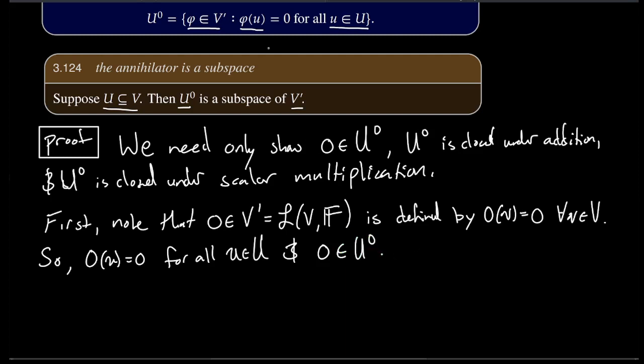The annihilator is just all the functionals that zero out everything in U. Hence the notation U superscript 0. It's all the things that send U to 0. Oh, cool. Okay.